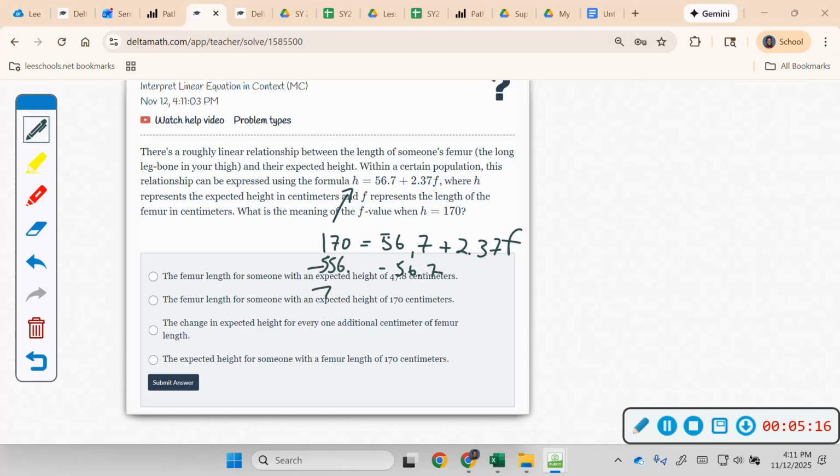So 170 minus 56.7 will be 113.3, equal to 2.3f.